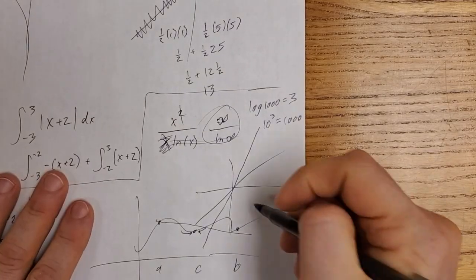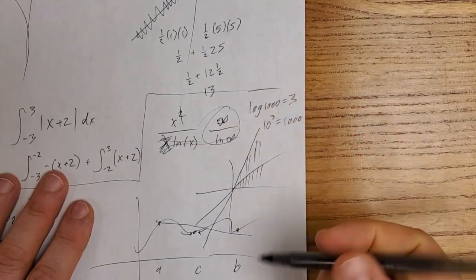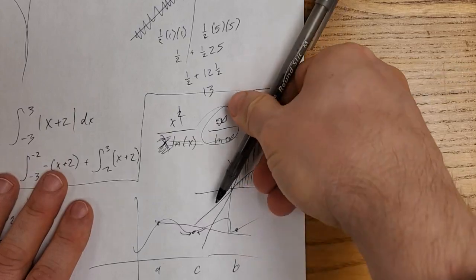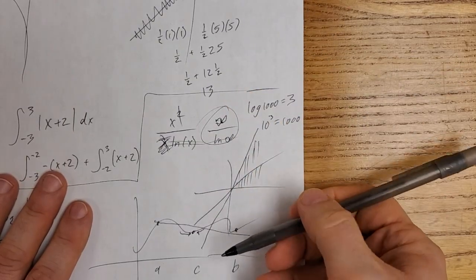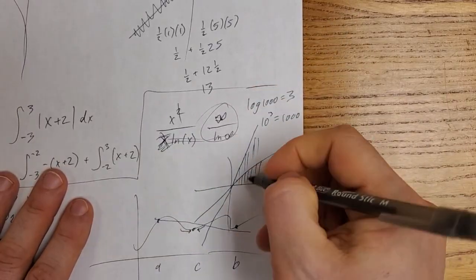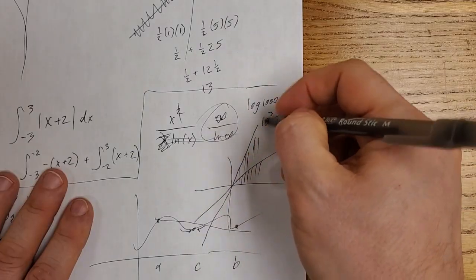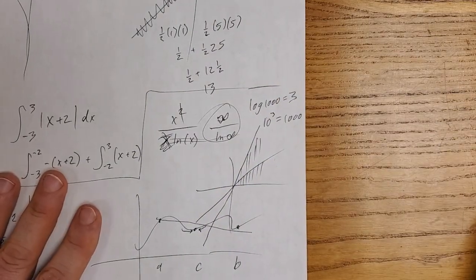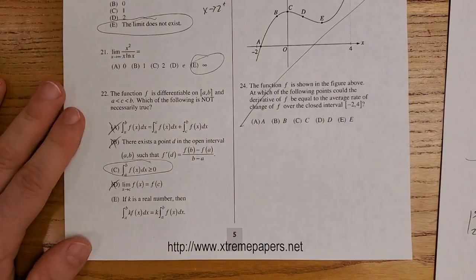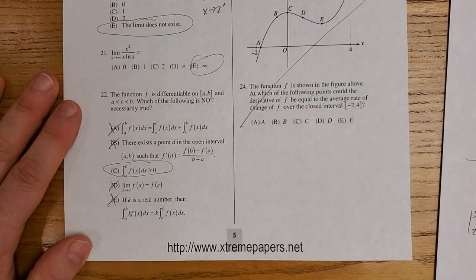And if we were to check the area under there and then check the area under there, you can just intuitively say that it's going to be 2 more. If you calculate this one and multiply by 2, or multiply by 2 and then calculate that one, it's pretty intuitive that they're going to equal each other. So we think this is true. So that is not the answer they're looking for.